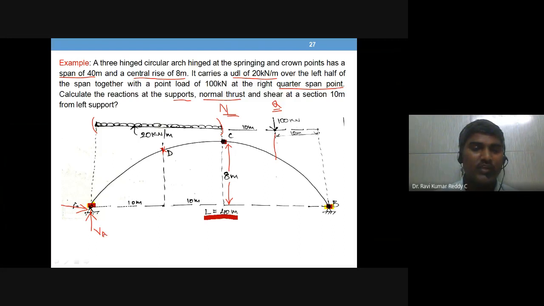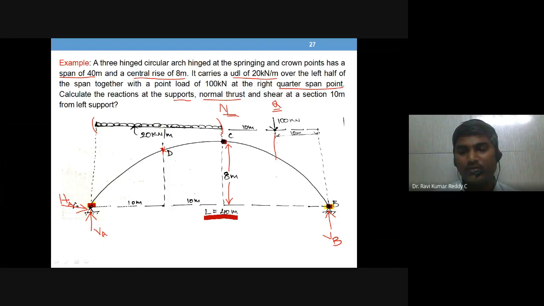So you say VA here, maybe HA here. Similarly, the right hand side support also we remove, we apply reactions.